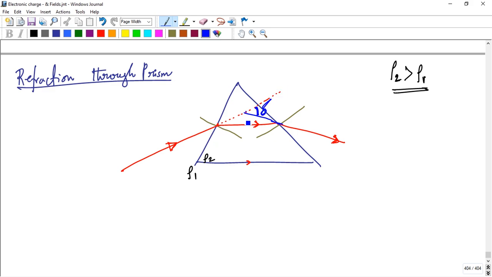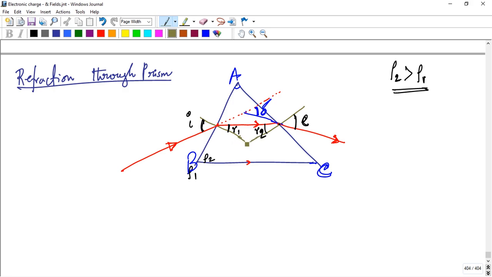The prism angle is A. That is the incident angle I, and that is the refracted angle R1. The angle of incidence on the second surface is R2, and this is called the emergent angle E.